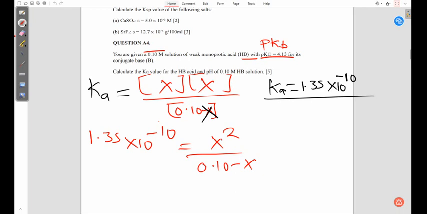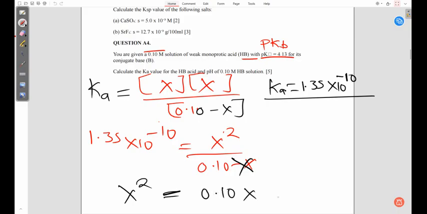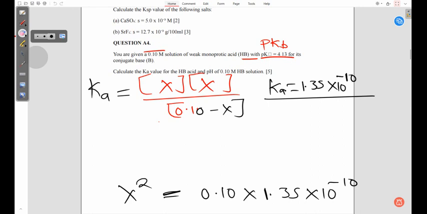If you want, you can perform this in your own time and you'll see that it does not make a difference. So cancel that and find the value of x. x squared is equal to 0.10 multiplied by 1.35 times 10 to the power negative 10, so x is the square root of what's on the right.